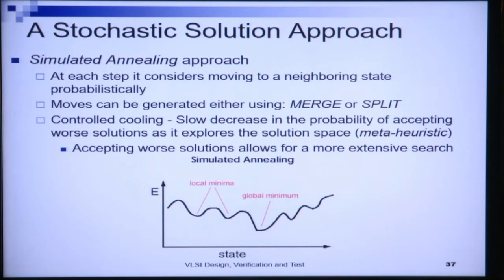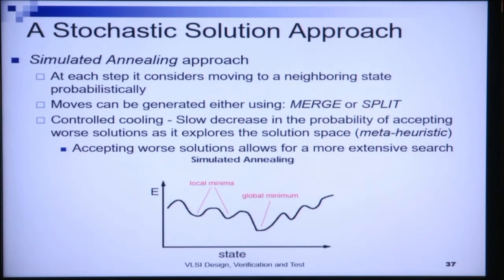That gives me an intermediate state, and that state has a cost, and from that state I can move to another state by either merging another register or another functional unit, or by splitting a current hardware register or functional unit into two different hardware units with two different sets of operations or temporary variables in them. So at each step it considers moving to a neighboring state probabilistically. Moves can be generated either using a merge or a split.